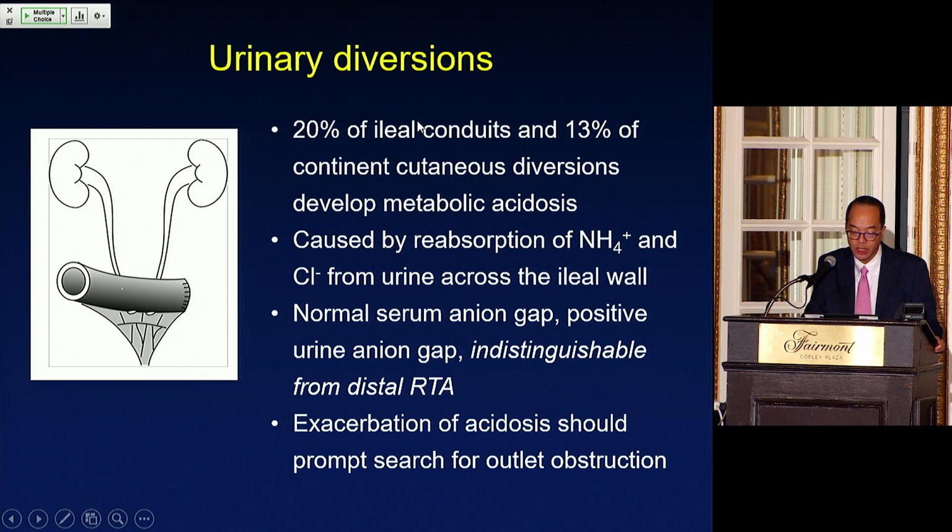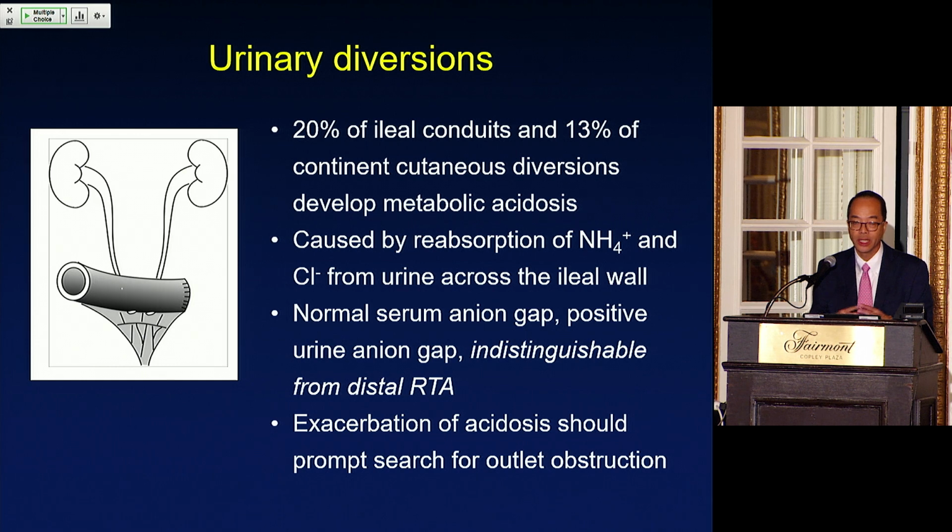Most of these patients have conduits or even continent pouches made from parts of the ileum, and the ileum reabsorbs ammonium with chloride. So these patients can present with a normal anion gap acidosis with a positive urine anion gap that is essentially indistinguishable from a distal RTA.